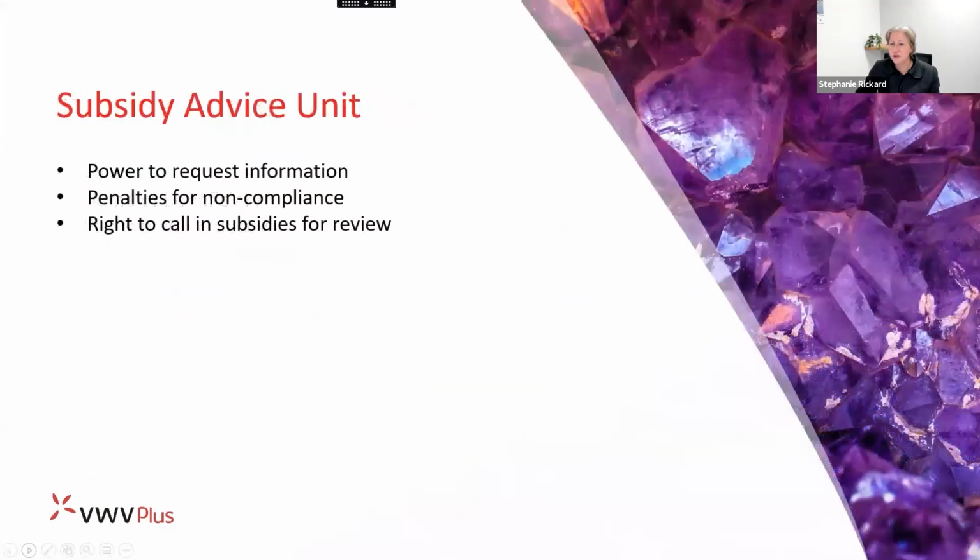I'm just going to move quickly through the enforcement and remedies slides. These haven't changed since the bill. We've spoken about the Subsidy Advice Unit. It's not there as an enforcement body, but to monitor the regime and to provide recommendations, but it does have the power to request information in relation to its functions, and it can impose penalties, quite high penalties actually, starting at 30,000 for failure to comply with information.